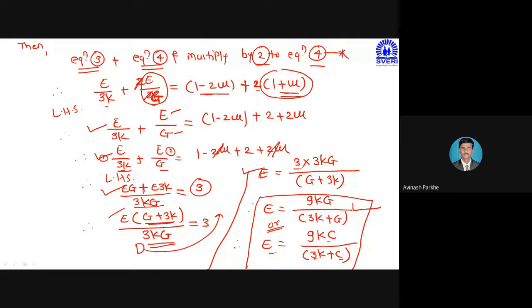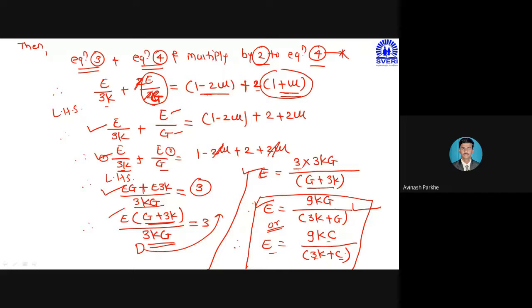If I take it to the right side, it will get divided. So I have divided it. Therefore this is as it is, 3 into 3 is 9, therefore 9kG divided by G plus 3k. That term I have written in the form of 3k plus G, and the same equation I have written in the form of E is equal to 9kG divided by 3k plus G. So this is the final relation between all the three elastic constants.